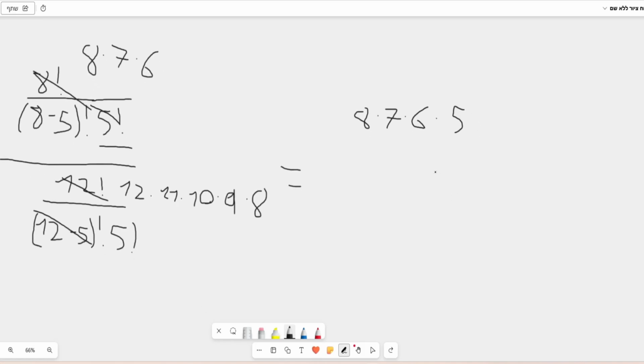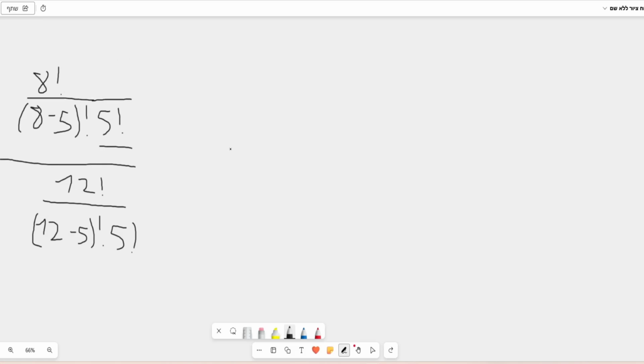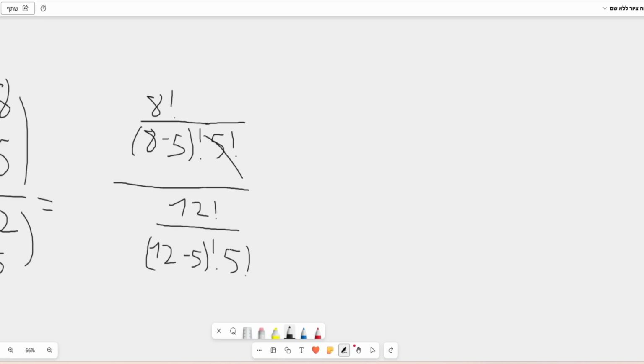Oh, by the way, no, actually, there's a smarter way to do it. I'm dumb, sorry. We can cancel out the 5 factorials and then do it. So these two are going to be 8 times 7 times 6 times 5 times 4, and these two are going to be 12 times 11 times 10 times 9 times 8.